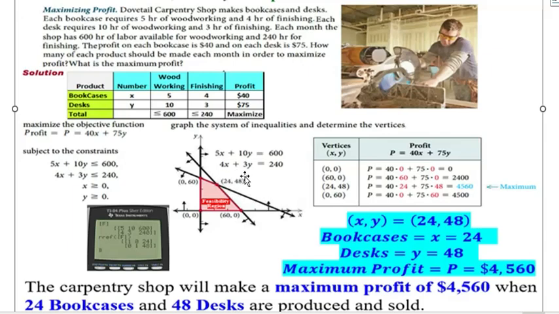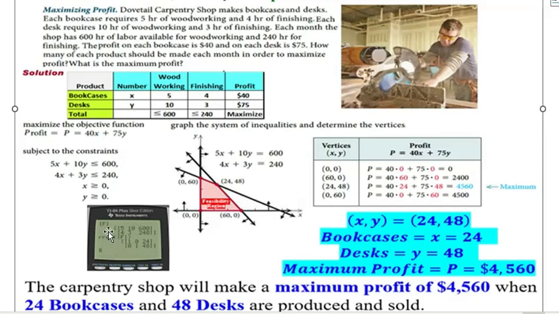But now, how do you get this 24, 48? To get this 24, 48, we need to solve 5x plus 10y equals 600 and 4x plus 3y equals 240 simultaneously. Then find what is x, what is y. You can do the substitution method, or you can just put it in the calculator.